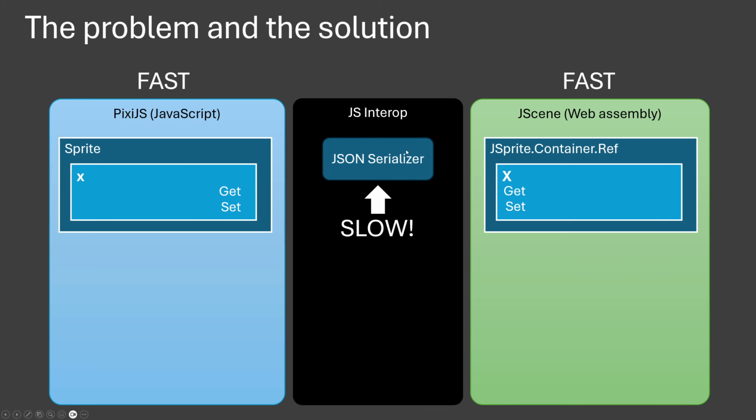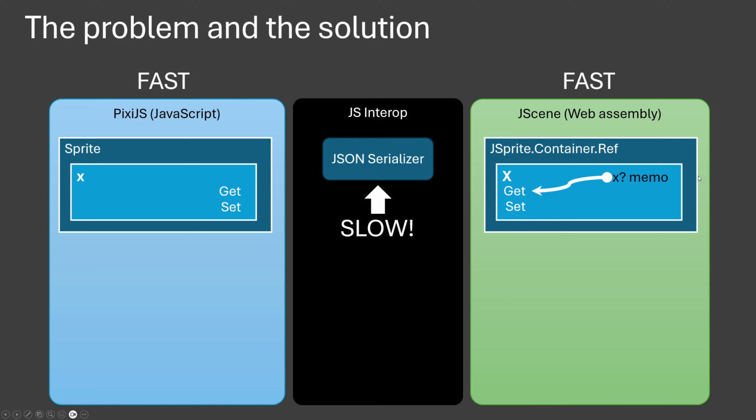Instead of using this standard pipeline, we are going to do some manipulations on both ends, on the JavaScript side and on the WebAssembly side. And on the WebAssembly side, this is what we're going to do. First of all, for the getter for each property that we need to push over to the JavaScript side, we are just memoizing it on the WebAssembly side, in the C#.